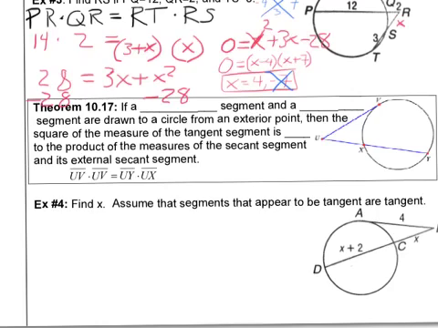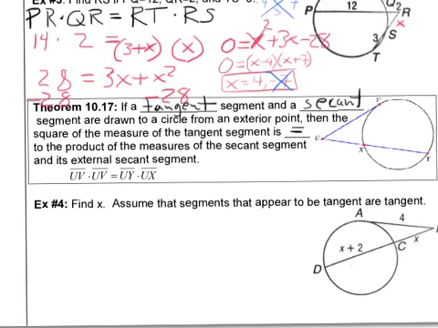It says, if a tangent segment and a secant segment are drawn to a circle from an exterior point, then the square of the measure of the tangent segment is equal to the product of the measures of the secant segment and its external secant segment. Okay, what that means is, look, here's my tangent, and here's my secant.